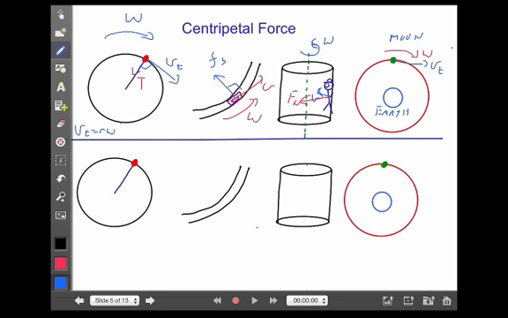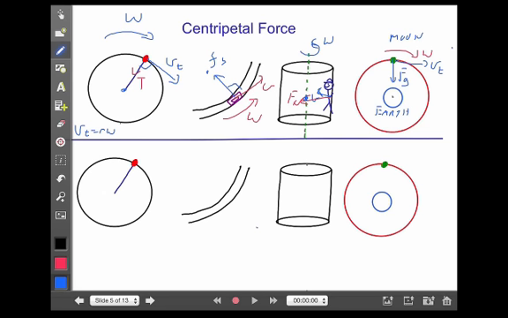And gravity on the moon has to act straight towards the Earth, the force of gravity. So what do these all have in common? Well, notice that tension points towards the center of the circle, that friction points towards the center of the turn, that normal force points towards the center of the cylinder ride. And the gravitational force on the moon is actually acting at all times towards the center of the Earth.